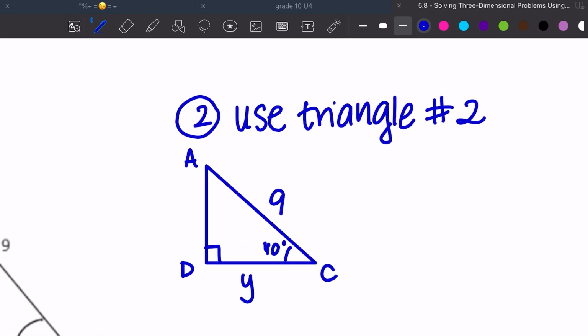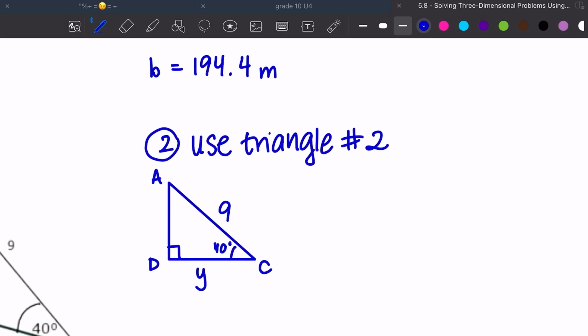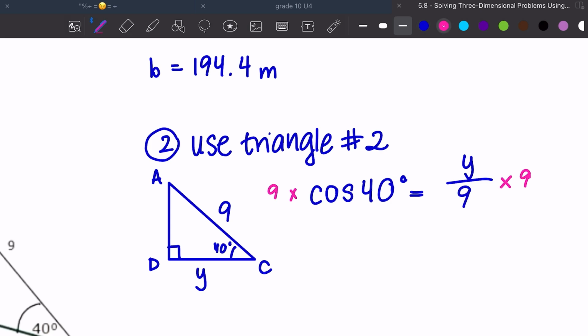It looks like I've got adjacent and hypotenuse, so I can use cos again, right? But just slightly different measurements. So this is going to be cos 40 is equal to adjacent y all over hypotenuse 9. And I times both sides by 9 to get rid of this fraction. So 9 cos 40 should give me y, which I get 6.9.